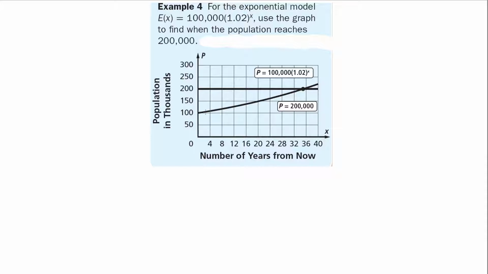I could graph these on the graphing calculator and trace it and find the intersection of the two. And from there I'd say when p equals 200,000 is where these two cross. I'm going to drop my line down from this point, and I'm going to see that I'm close to, I'd say, 35 years from now.